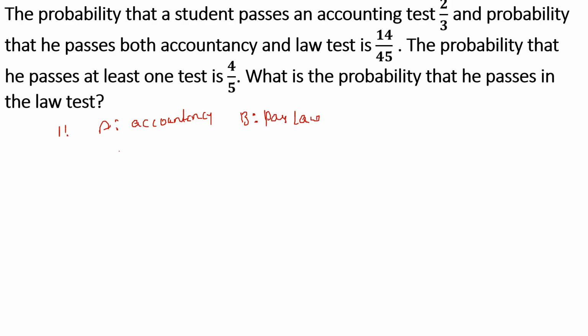So what is given? The probability that he passes accountancy is given, P of A is 2 by 3. The probability that he will pass the law test is not given.